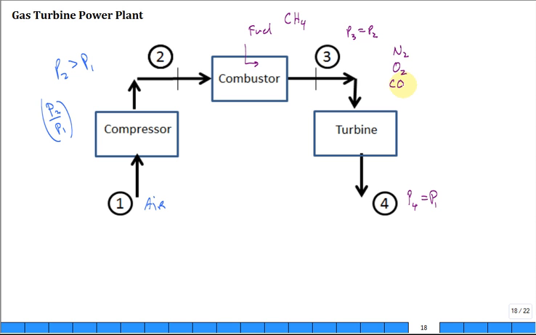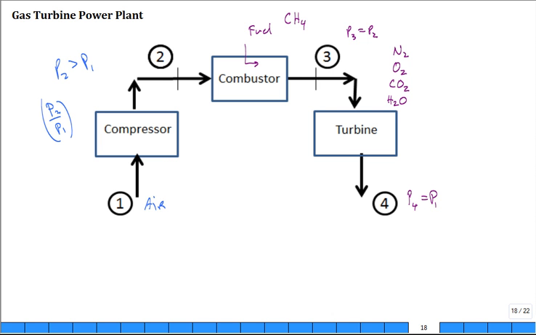Hopefully all of the carbon goes to carbon dioxide. Doesn't the EPA want to limit carbon dioxide emissions? Sure does, but if you're going to burn a hydrocarbon fuel, that's where you want the carbon to go. And then the hydrogen in the fuel goes to water vapor, H2O. So that's what's coming out.